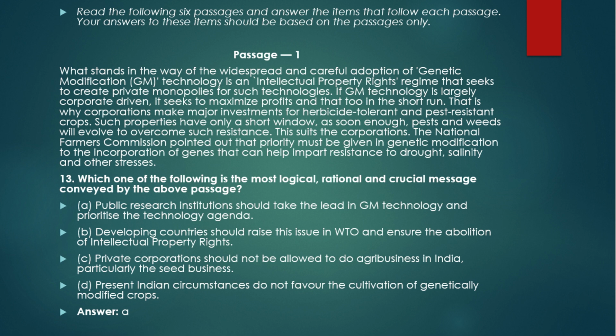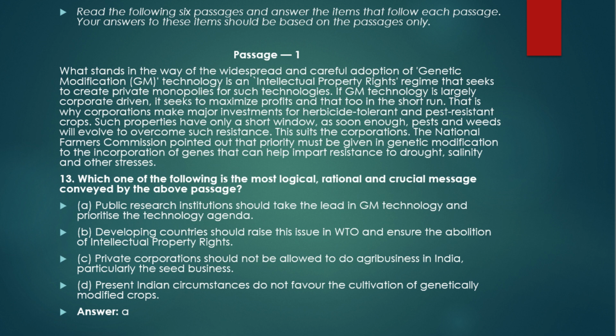If genetic modification (GM) technology is largely corporate driven, it seeks to maximize profits, and that too in the short run. That is why corporations make major investments for herbicide tolerant and pest resistant crops.